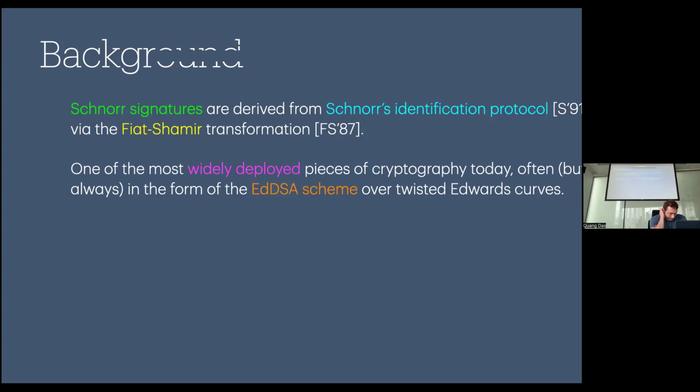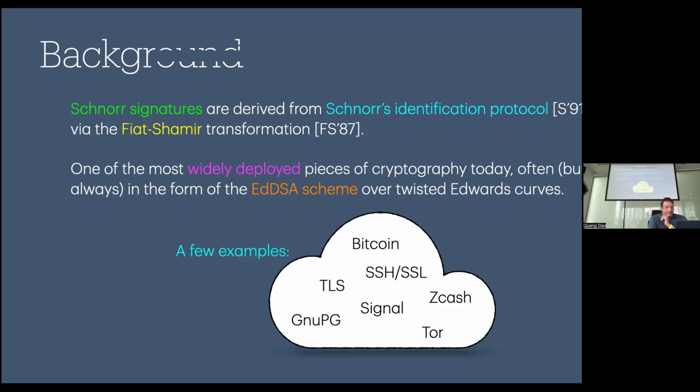And today, it's one of the most widely deployed pieces of cryptography, often in the form of EdDSA. That basically means Schnorr implemented over some particular curve, like an Edwards curve. And Schnorr is used all over the place.